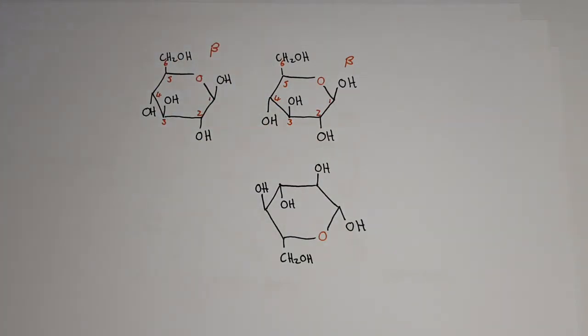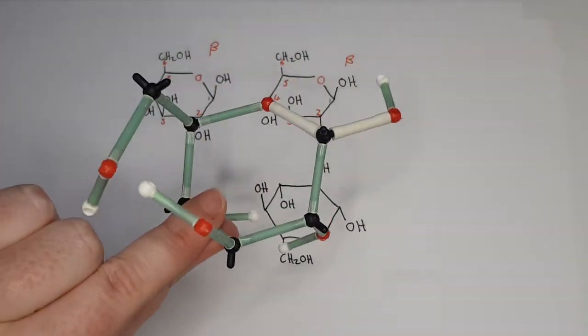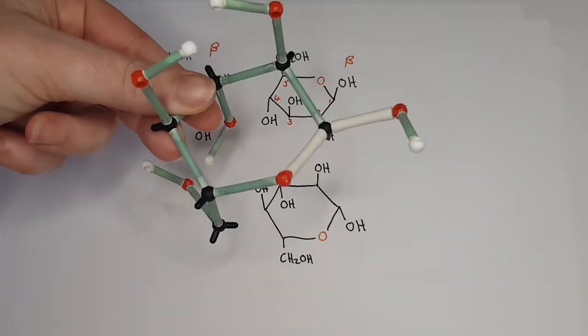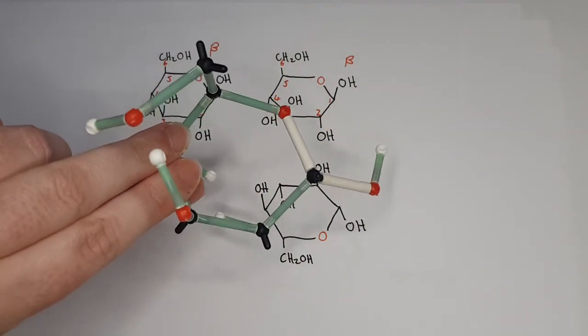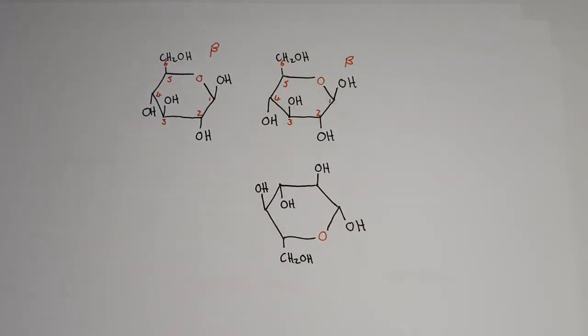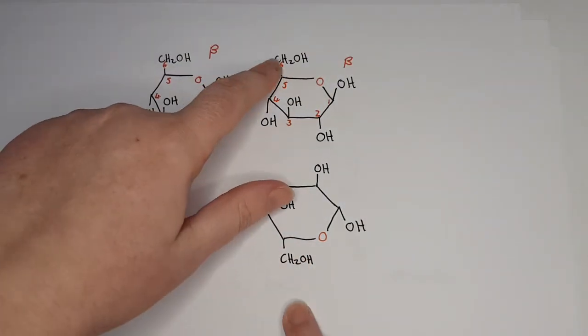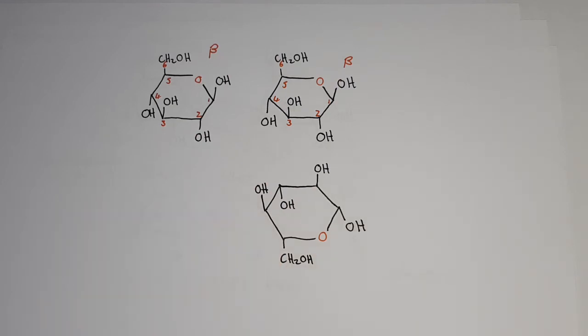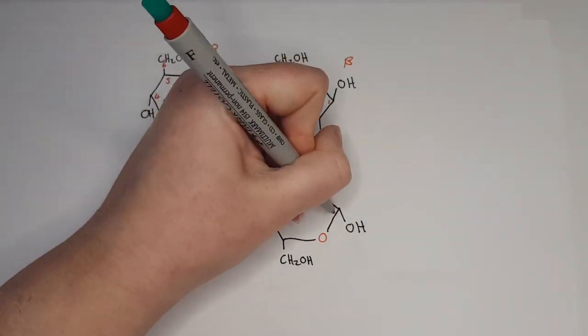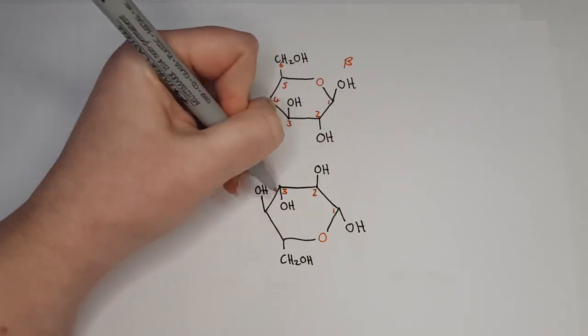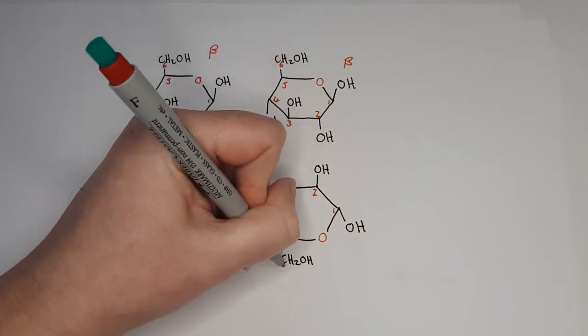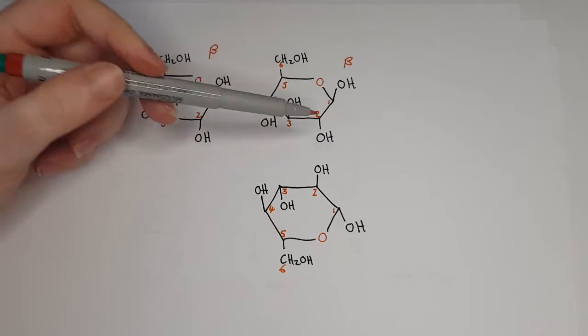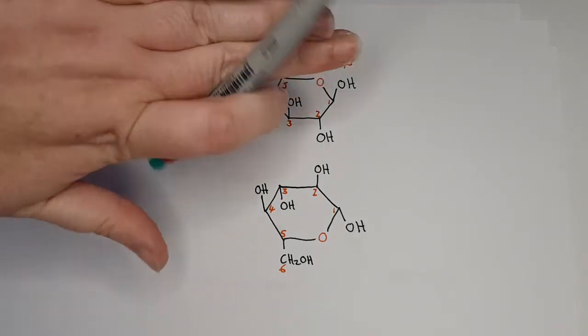So if I take this molecule like that, I flip it over so that everything that was facing up is now facing down. So there was carbon 6, now carbon 6 is over there. So I have 1, 2, 3, 4, 5, 6, because I took this one and I flipped it over.